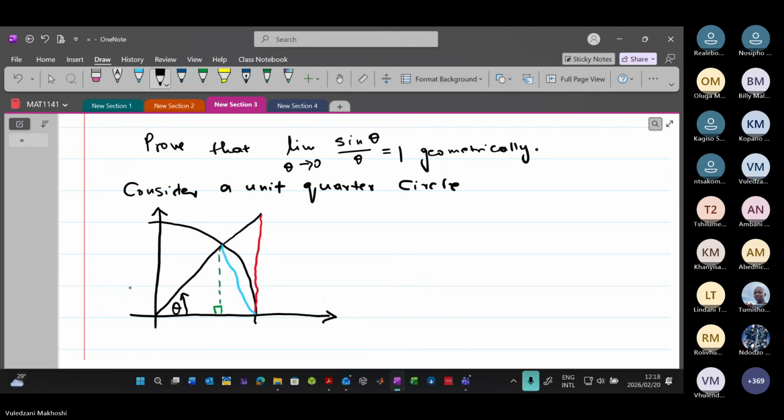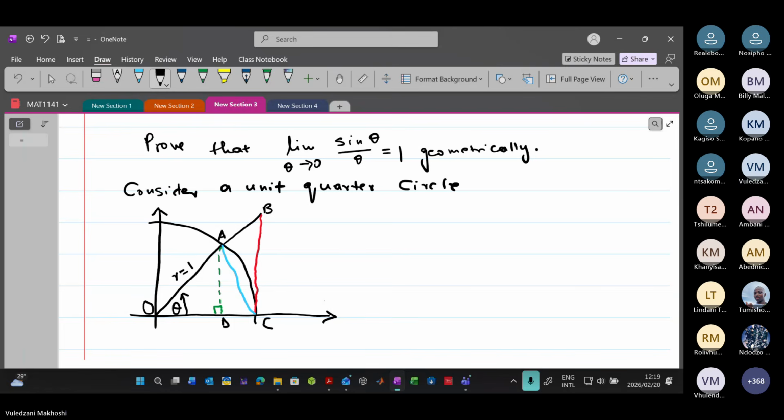So let us name this O, this A, B, C. Just also say this is D, for that matter. Then don't forget the radius, R is equal to 1.